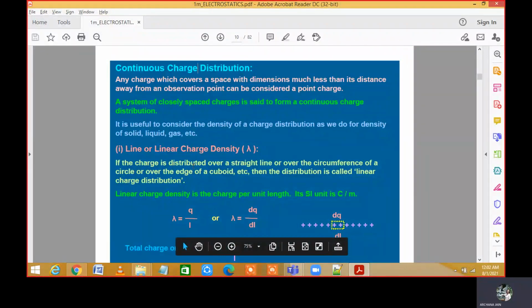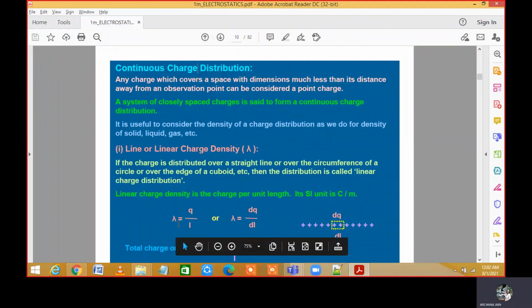If the charge is distributed over a straight line, or over the circumference of a circle, because it is also a length, or over the edge of a cuboid, means sides, then the distribution is called linear charge distribution. Linear charge density is charge per unit length. Unit is coulomb per meter. Charge is coulomb and length is meter.